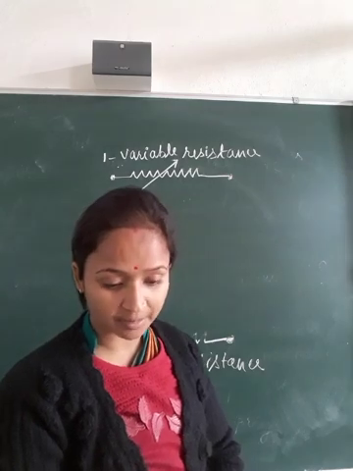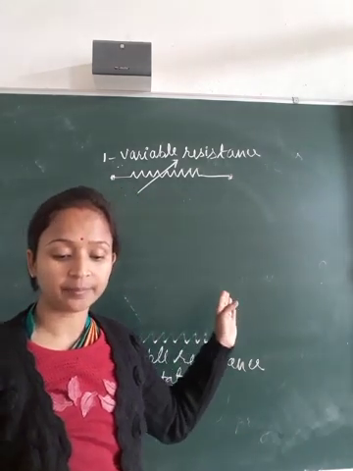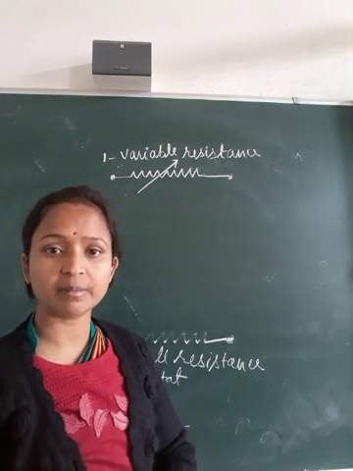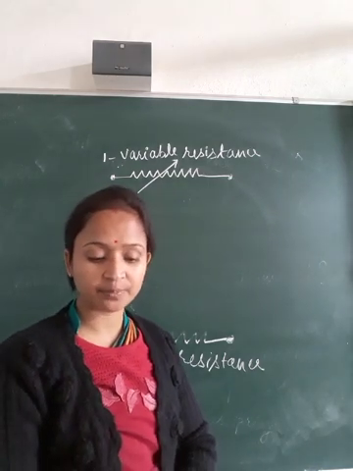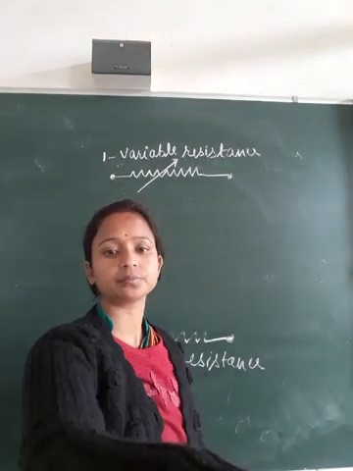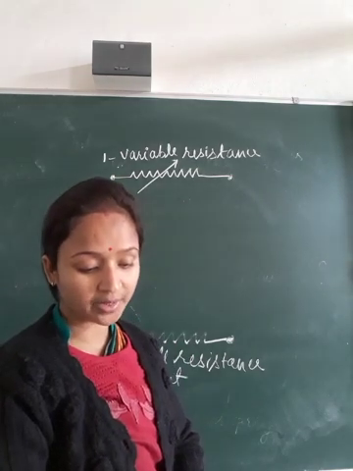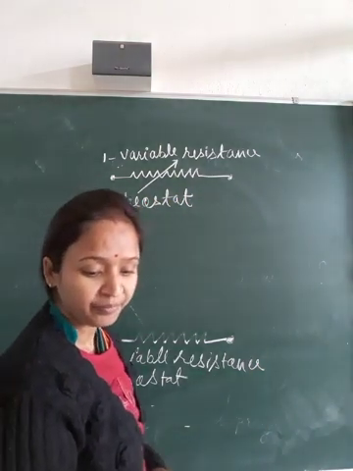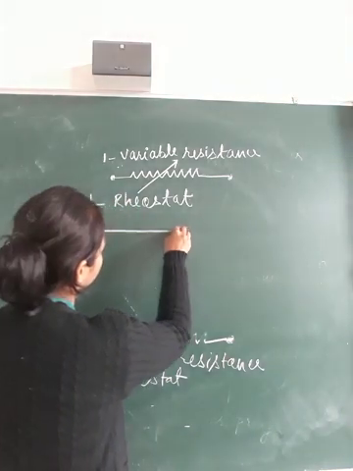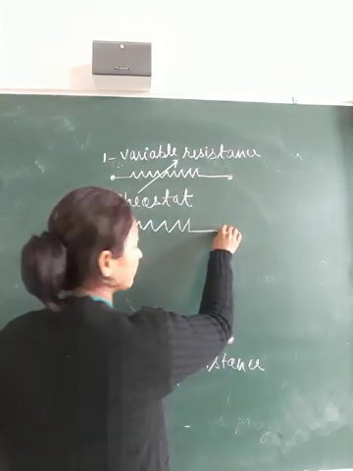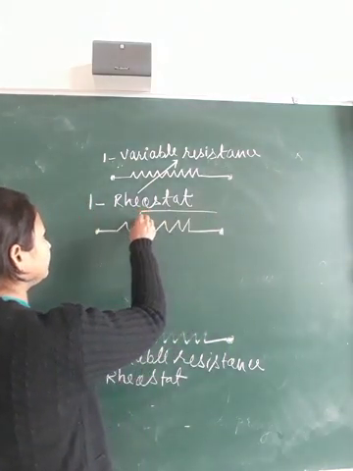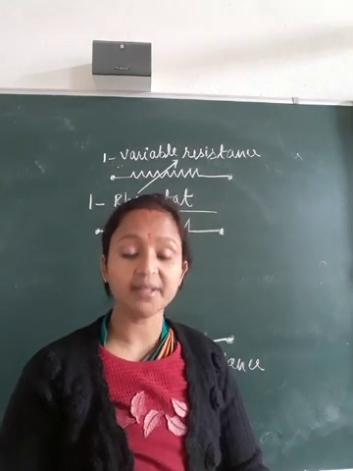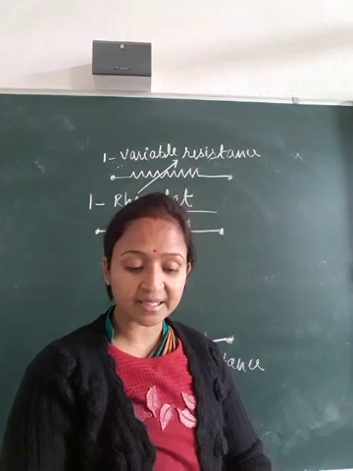A variable resistance is of two kinds: the rheostat, or unknown variable resistance, and the resistance box, or known variable resistance. First, the rheostat; I will draw it. In a rheostat, or unknown variable resistance, the magnitude of the resistance can be changed, but the exact change in magnitude is not known.